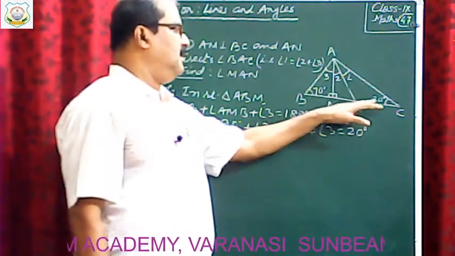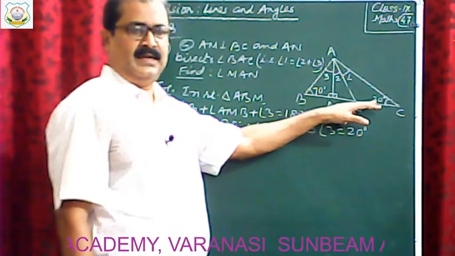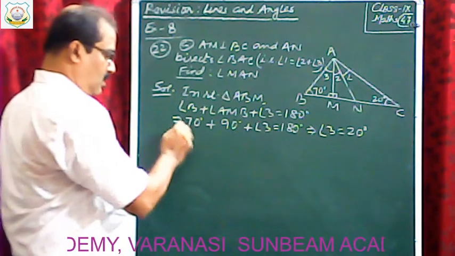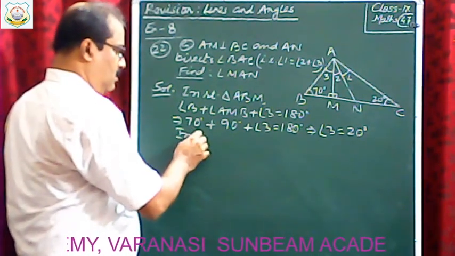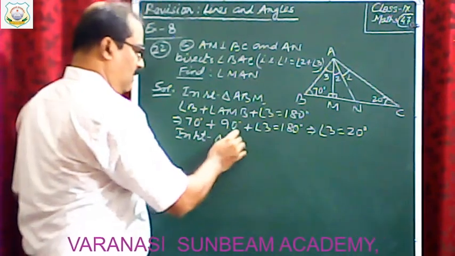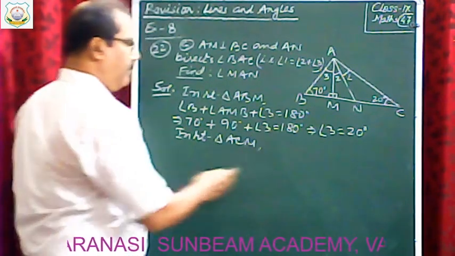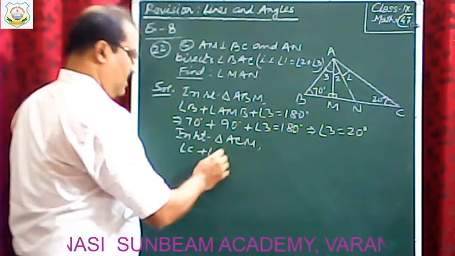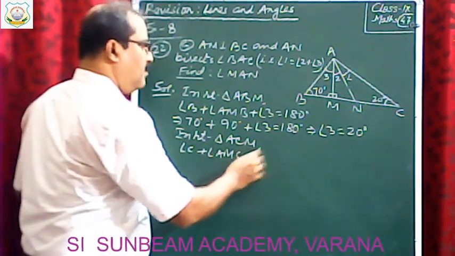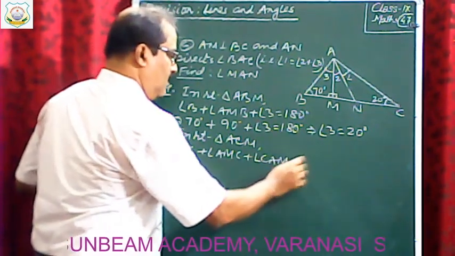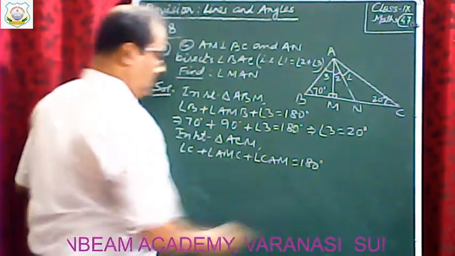Two angles we have, one is 90 and another one is 20. The angle you have to find out. In right triangle ACM, angle C plus angle AMC plus angle CAM equal to 180 degrees.